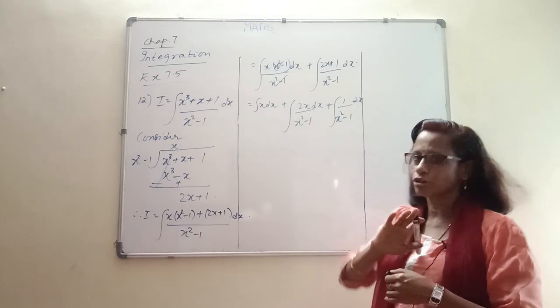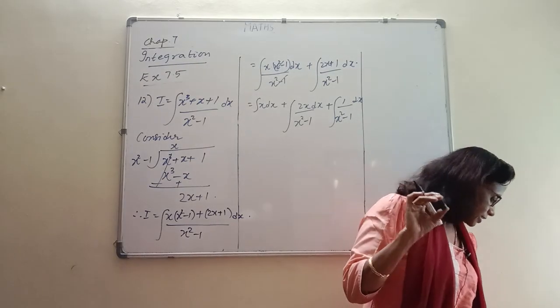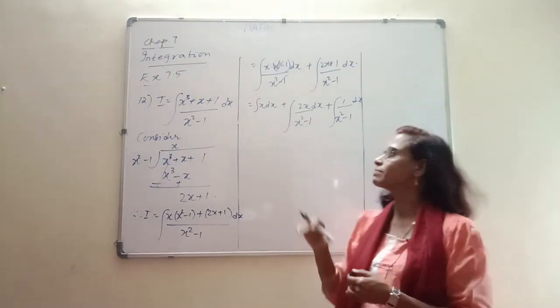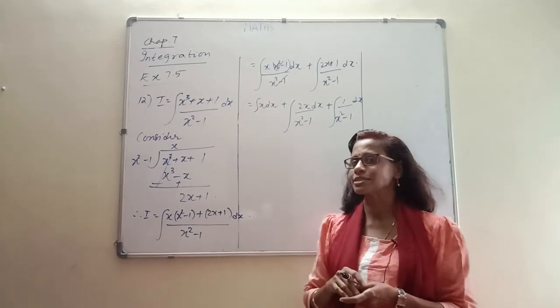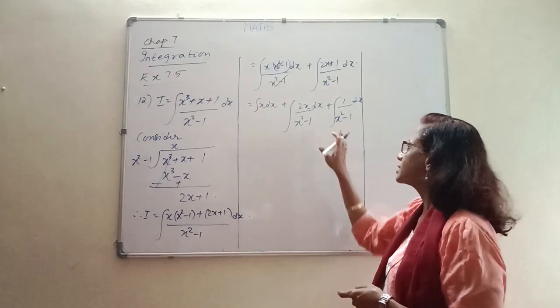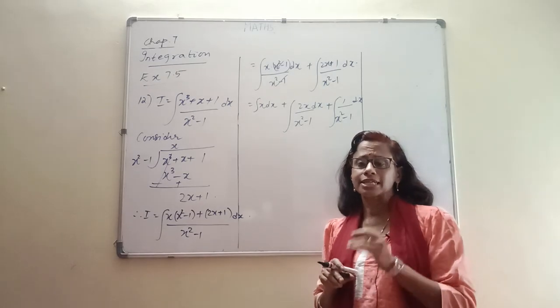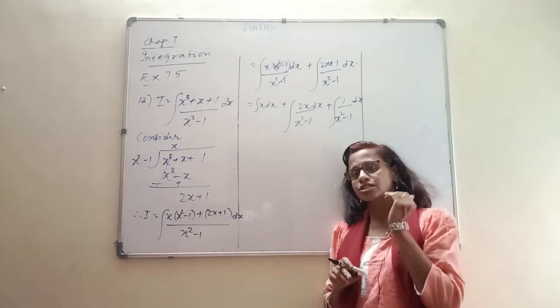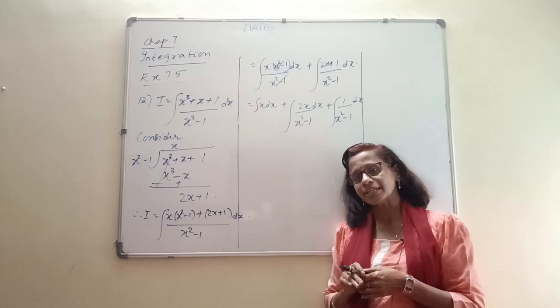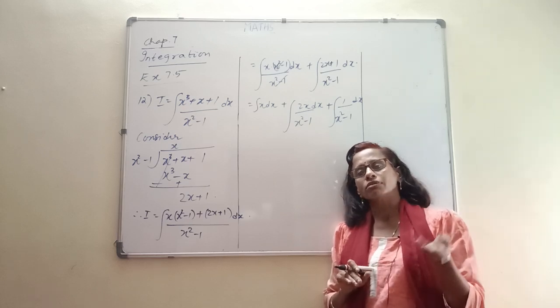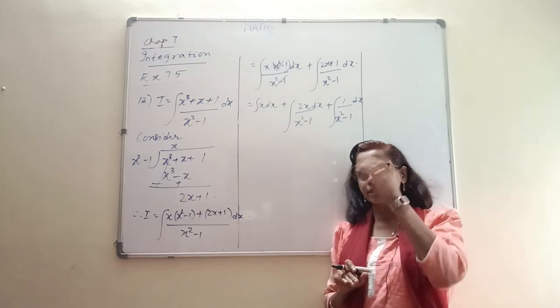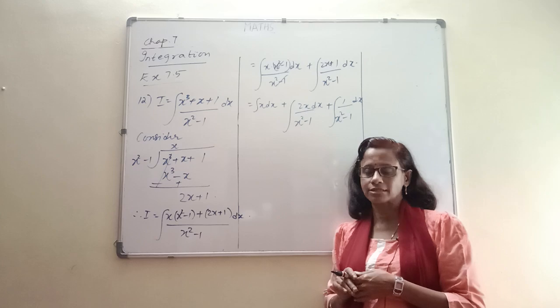So that way all your problems are sorted. Only thing I will have to check once again, because sometimes I reverse minus and plus and then it becomes a big affair. Yeah, this is x squared minus a squared. We had done it as a standard integral. So we will substitute that integral and we'll get the answer.